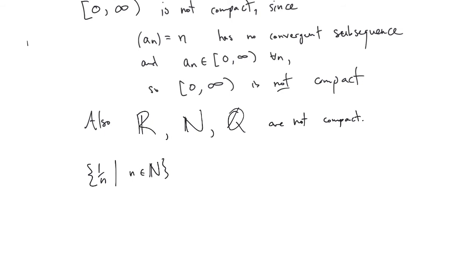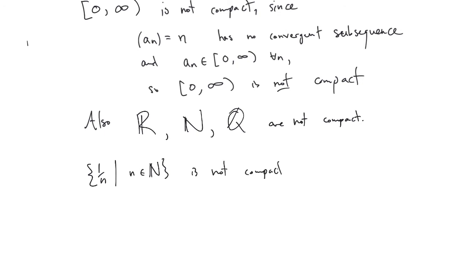Remember, compact means all sequences have convergent subsequences, and the thing they converge to is in the set. Can you think of a sequence in here which either has no converging subsequence, or maybe it does converge to something, but that thing is not part of the set? What do you think? Yeah, you can make a sequence in here which converges to 0, but 0 is not part of the set. So this is also not compact.